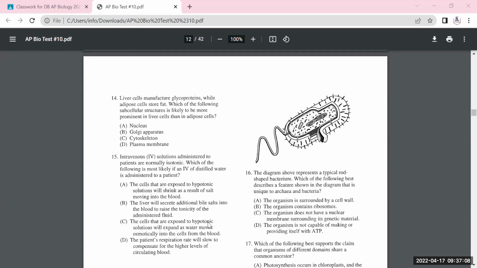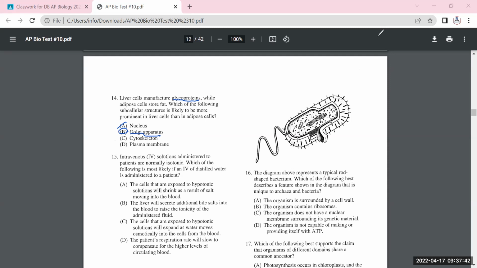Okay, 14. Liver cells manufacture glycoproteins while adipose cells store fat. Which of the following subcellular structures is likely to be more prominent in liver cells than in adipose cells? Which one of these is related with glycoproteins? Nucleus, no. Golgi apparatus, yes. What does your Golgi apparatus do? It takes anything that is meant for export of your cell, or products of your translation.